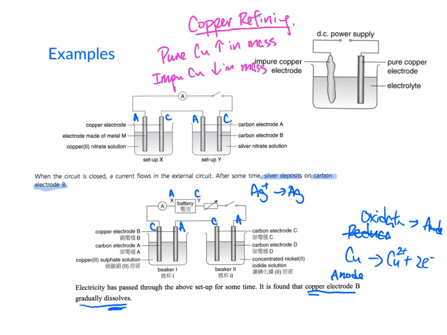The pure one we want to increase in mass, so the copper 2 plus has to get there. In this case, this should be cathode, this should be anode, cathode and anode. So this will be the negative one, and this will be the positive one.